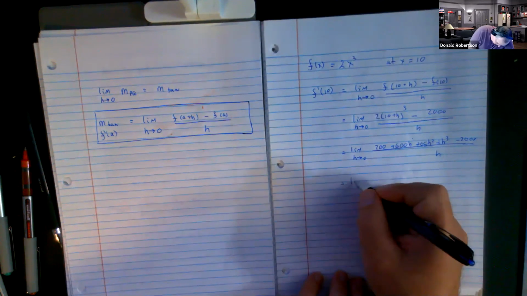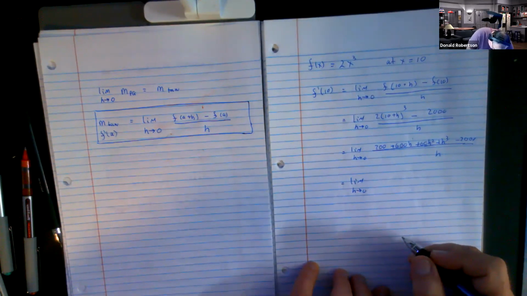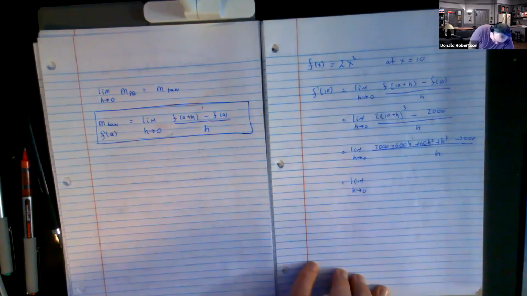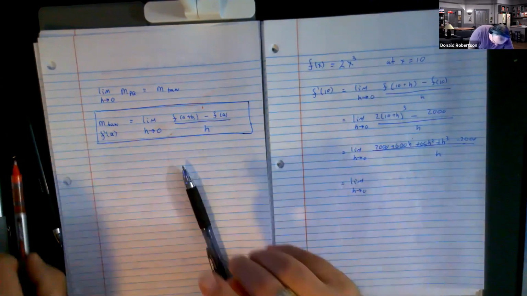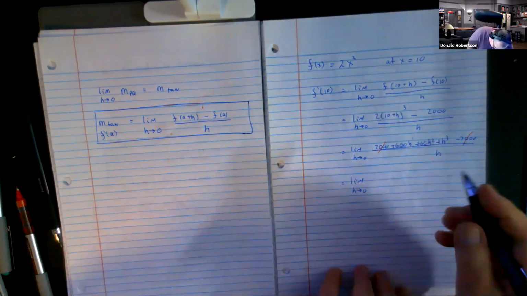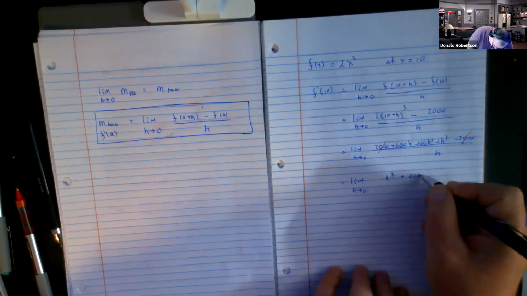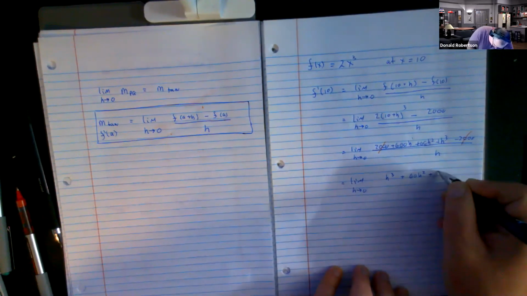So it's going to be the limit as h tends to 0. And, oops, there's 1,000 there. Those guys cancel out. And I am left with an h cubed, a 6h squared, and a 600h.